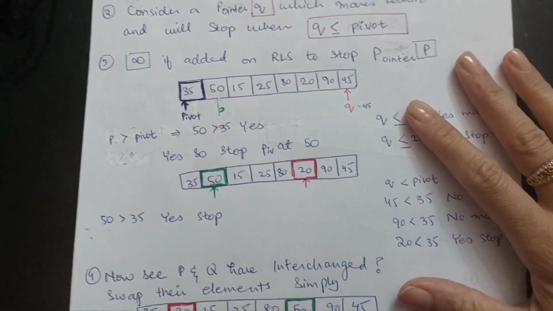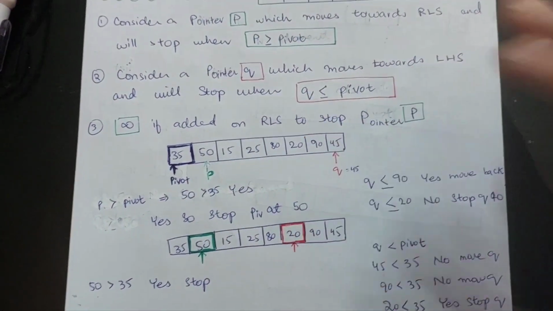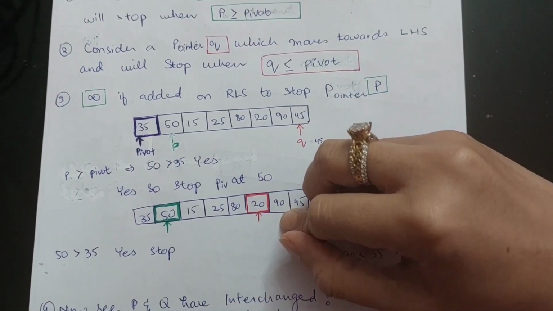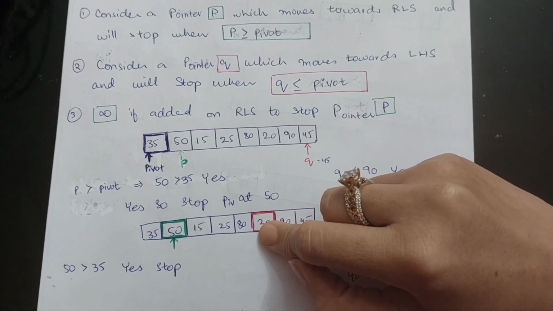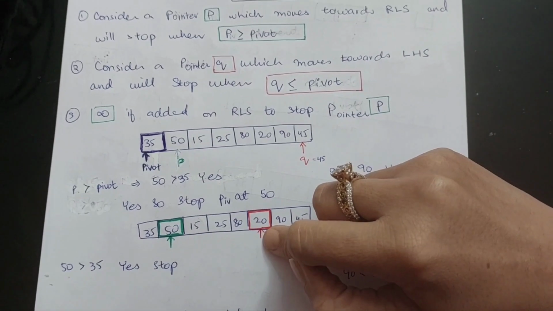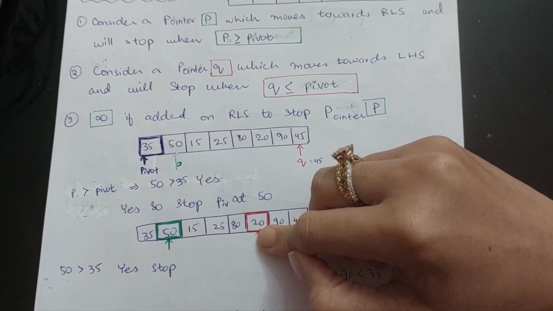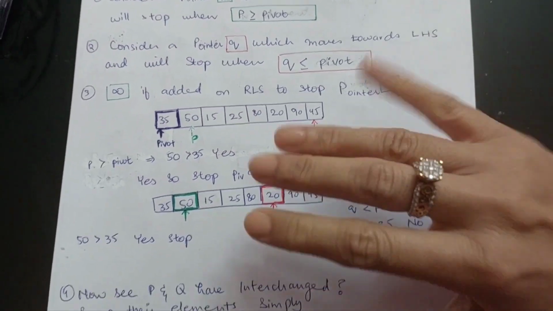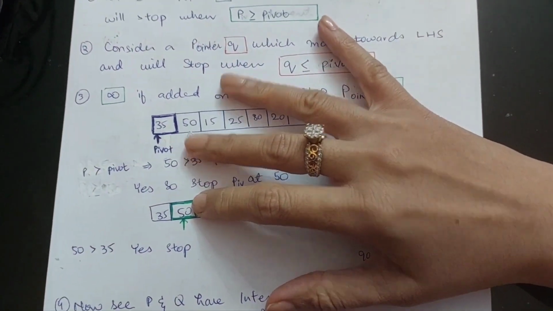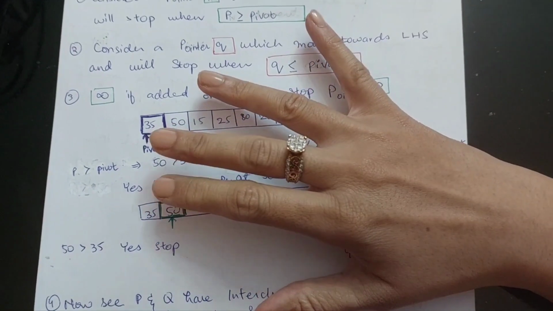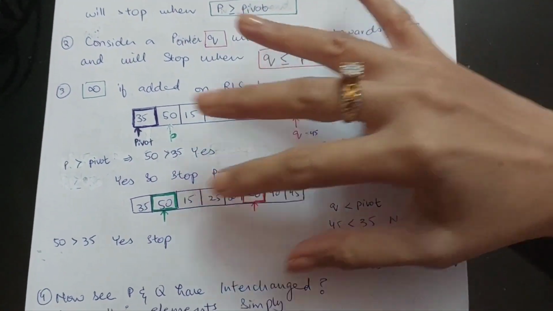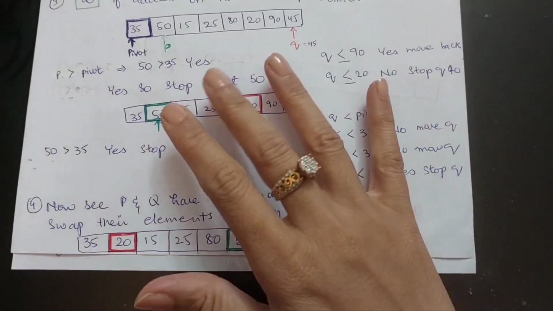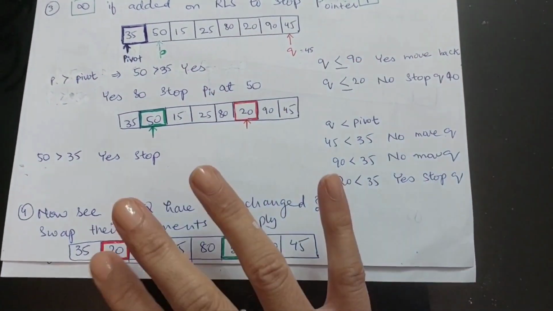I hope I'm making sense of what crisscross means. Crisscross means, for example, if p had come somewhere over there on 90 and q had been on 20, it means that p has crossed over the limits of q. But right now p is just stopped on the very left hand side, and q has not reached p. So in this case we have simply swapped the values of p and q.